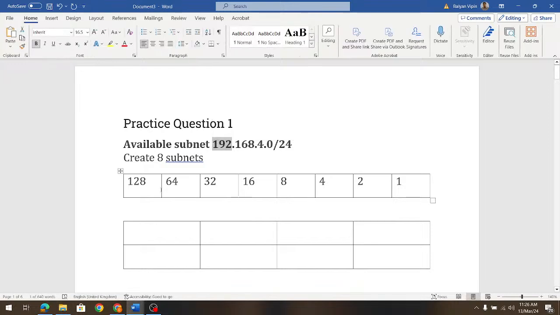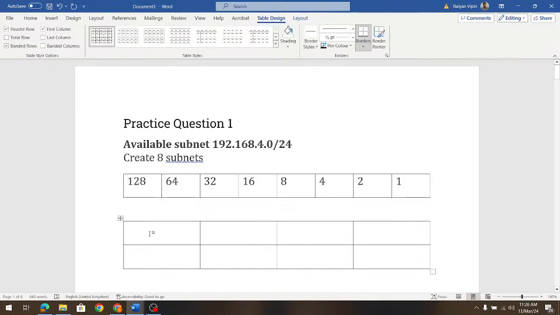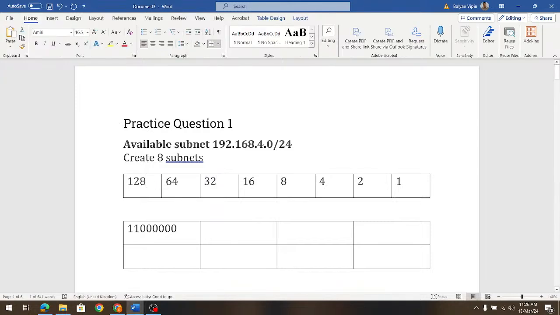So 192 is basically your 64 plus 128, so it will be 8 bits. Okay. Then 168 is basically your 128 plus 32, which makes 160, and then 8 to make it 168. So it will be basically 1 0 1 0 1, and then the remaining are 3 zeros.